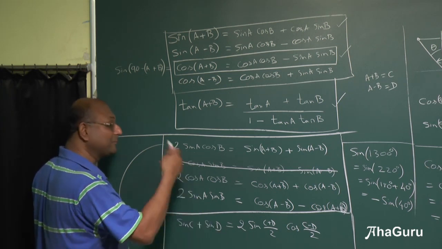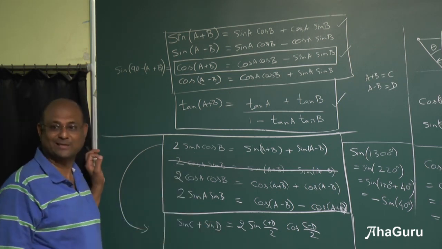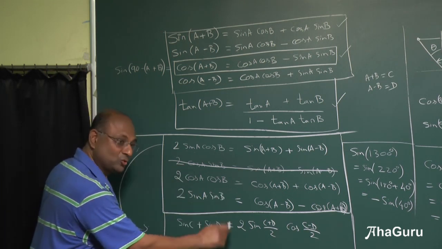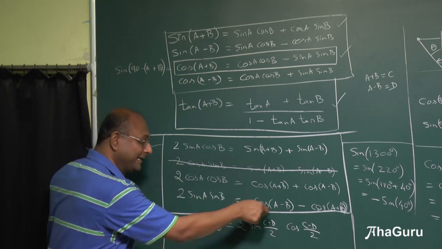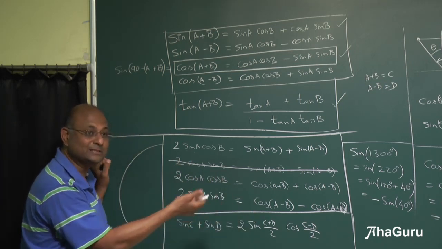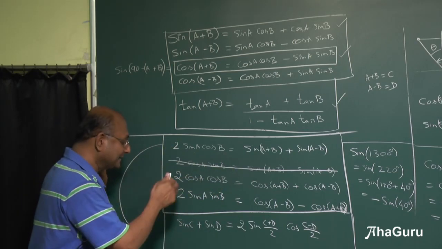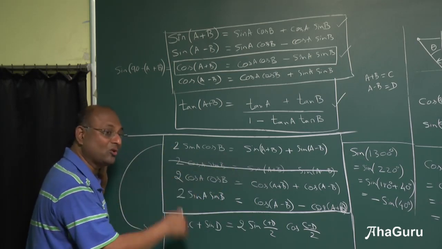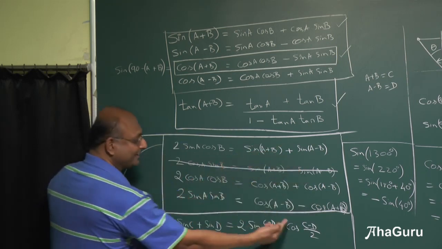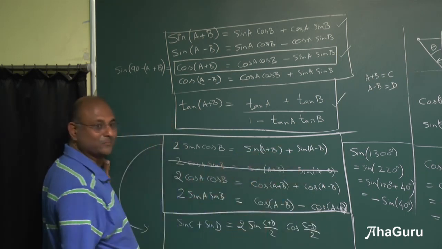So it is sin C plus sin minus D. Sometimes people would like to just remember that formula instead of doing all this extra work. So you just simply say sin C minus sin D is 2 sin of C minus D by 2 cos of C plus D by 2. What they do is just reverse it and put it up front and say sin C minus sin D is 2 cos of C plus D by 2 sin of C minus D by 2. They take the cos here and put the sin there.